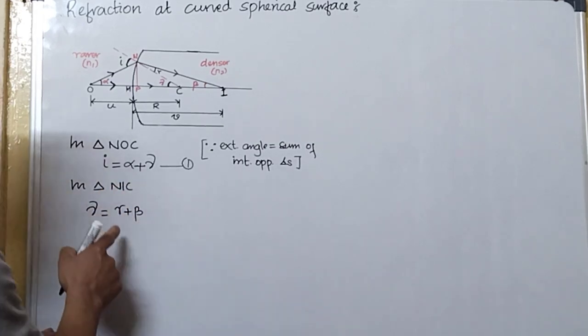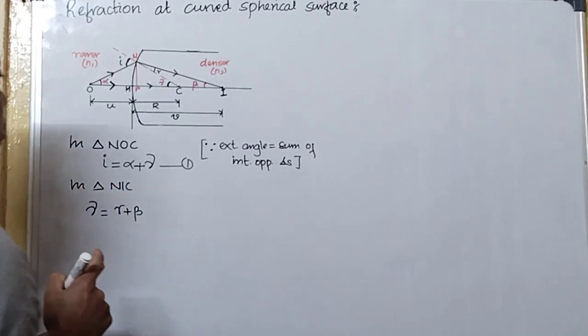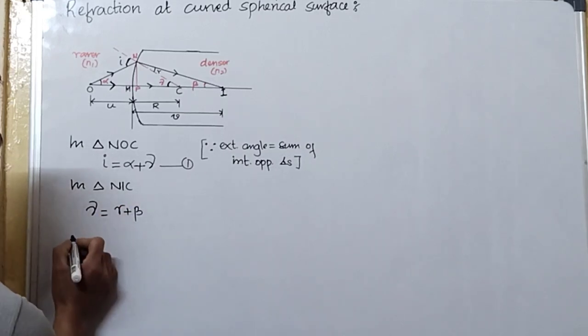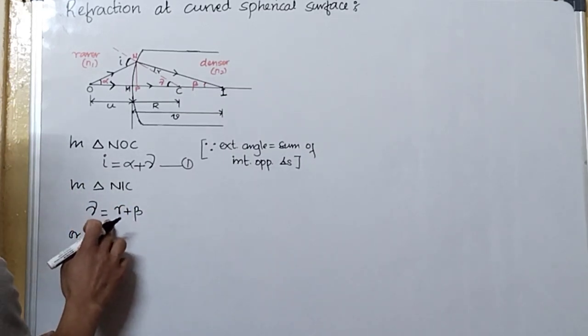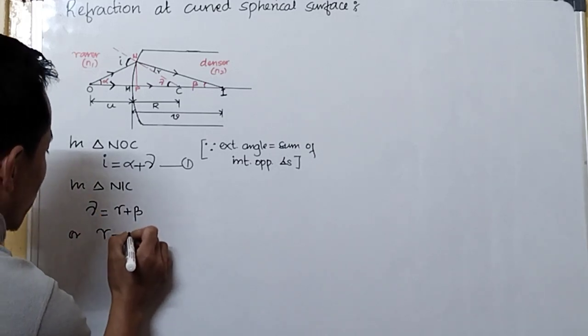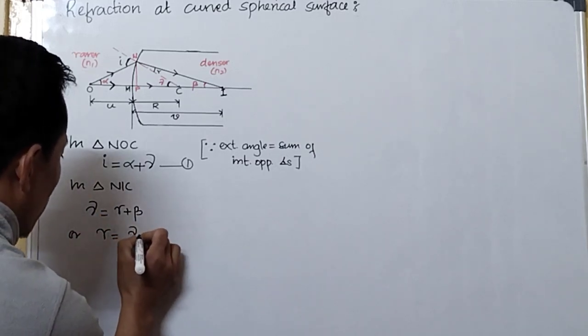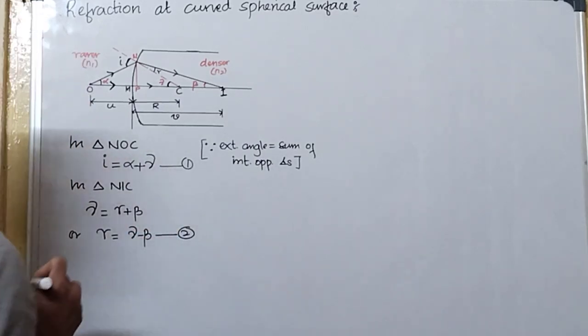So be careful with the symbols for R and gamma, they look similar. So write gamma and R properly. Now if you take beta to the other side, we will get gamma minus beta is equal to R, which can also be written as R is equal to gamma minus beta. So let this be equation number 2.